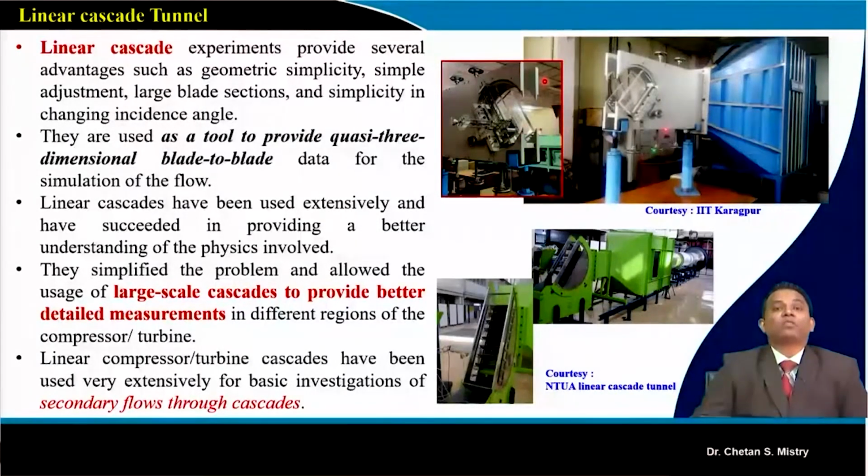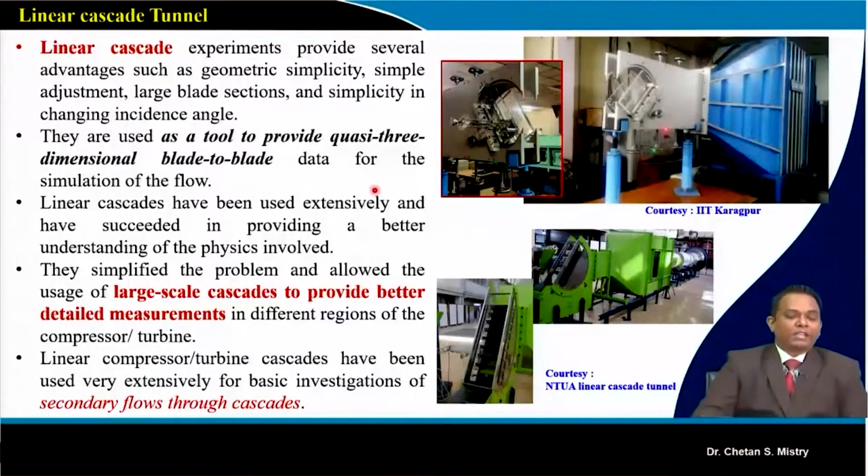Below, that is the NTUA linear cascade tunnel. Compared to the other cascade tunnel, the size of the test section is larger. We will realize the importance of having a larger size, but for low speed testing, these cascade tunnels are of great importance.